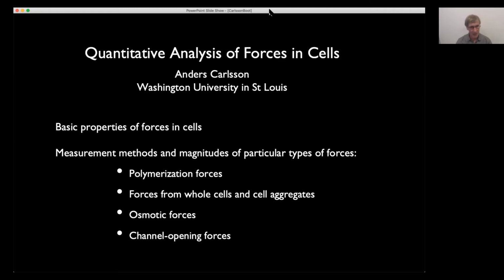But once we've been through the force balance, we'll then turn to different measurement methods looking at different types of forces, like forces from biopolymer polymerization, forces generated by whole cells and collections of cells, and osmotic or trigger forces, and finally the forces that open channels in the cell membrane. And I encourage you to interrupt at any time to ask a question. If you're lost, I'm sure somebody else is lost as well.